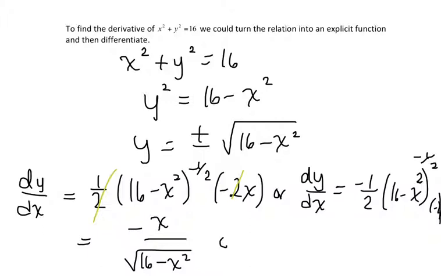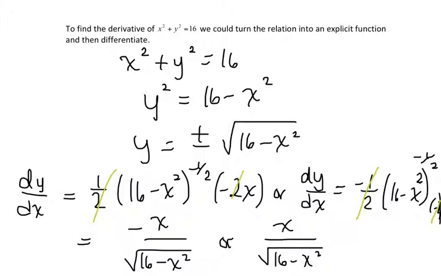And then on the other side, the -1/2 and the -2 are going to cancel with each other, and we've got on that side x over square root of 16 minus x squared.